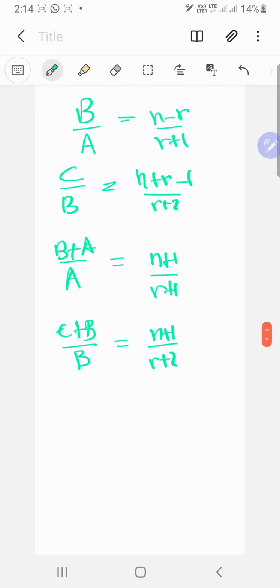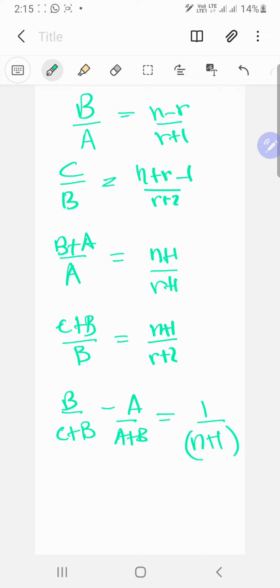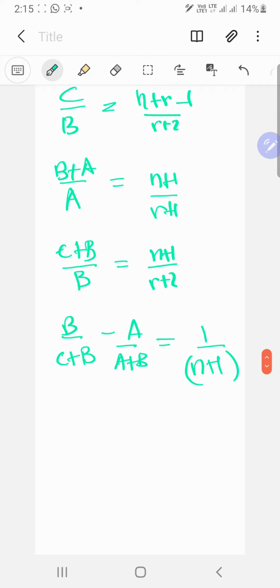So let's take the reciprocal and subtract. That will get us rid of r. So b upon (c plus b) minus a upon (a plus b), I think, will be (r plus 2 minus r plus 1), which will be 1, so 1 upon n plus 1. That's it. So now we can actually find the value of n.